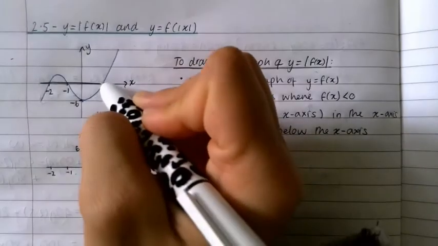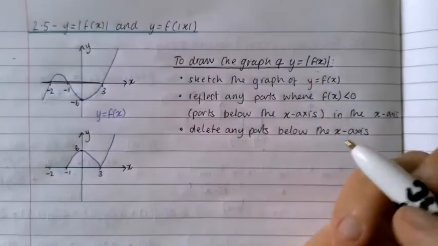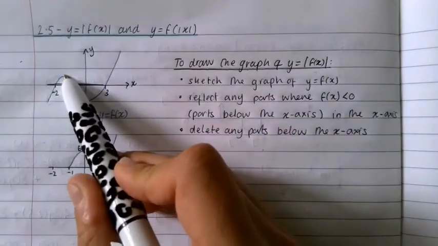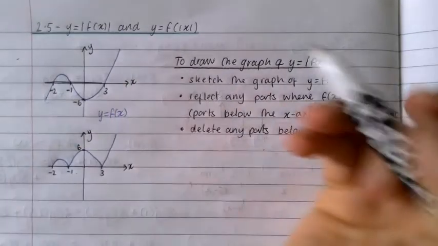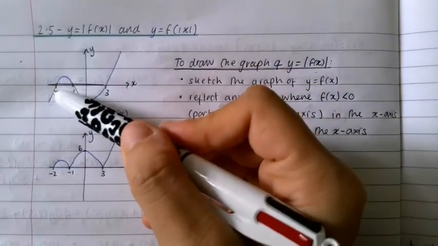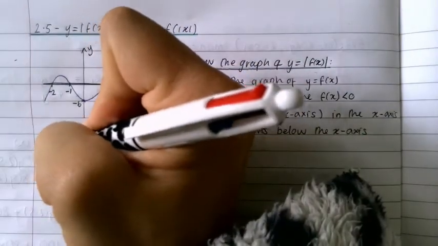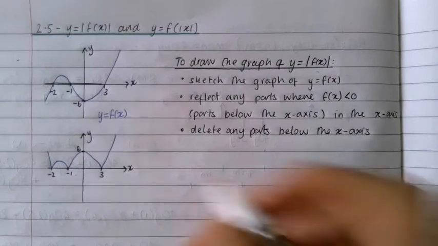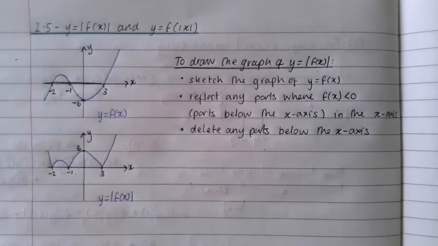And the part that curves below the x-axis is going to now curve above the x-axis. This part of the graph is already above the x-axis, so that will stay there. And then this part here that starts to dip below the x-axis again will be reflected above, so it will go up to here. So this is the graph of y equals the modulus of f of x.